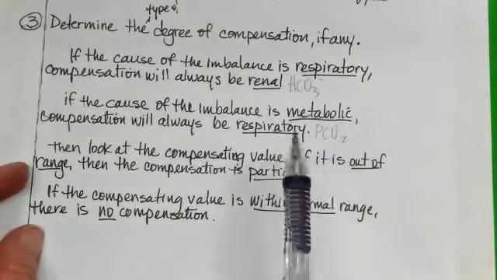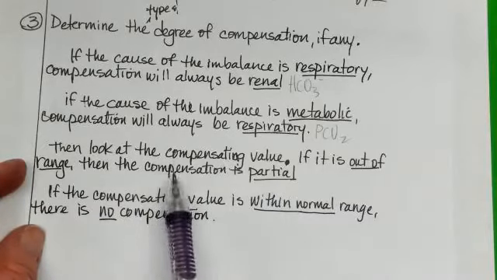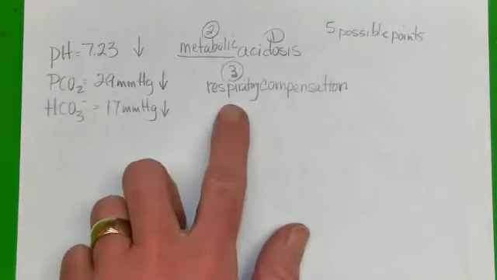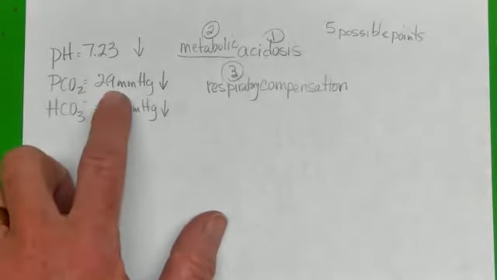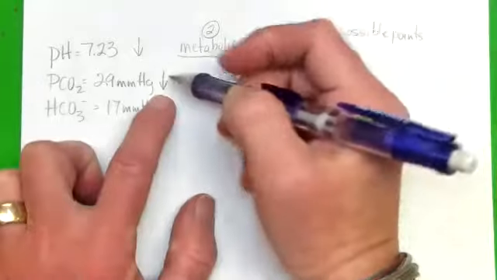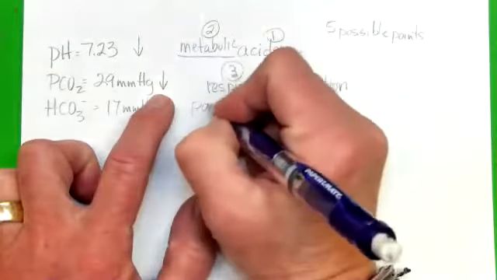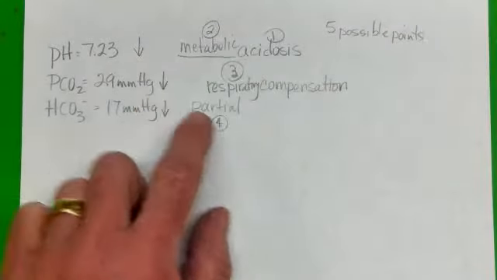If the compensating value is out of range, then the compensation is partial. So let's go back here and we can see respiratory compensation, so we're looking at PCO2 levels. Is my PCO2 out of range? Yes, it is. So I know that it is partial compensation. That's my fourth one, respiratory compensation.